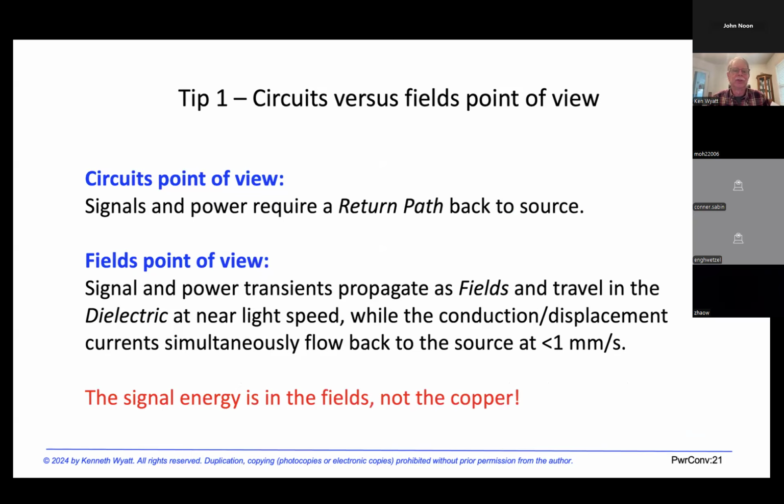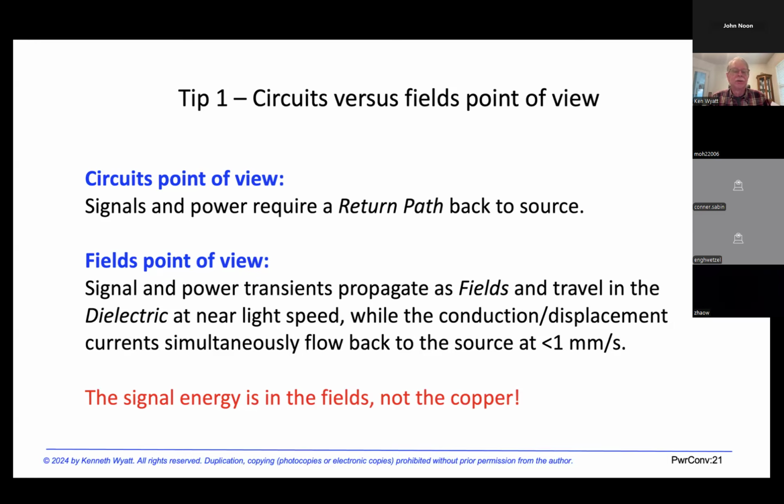Continuing with tip one, I want to explain the circuits versus fields point of view. The circuits point of view is probably what we all learned in undergrad, and it was at least implied that signals were really the flow of electrons in copper traces, and that's not true at all.